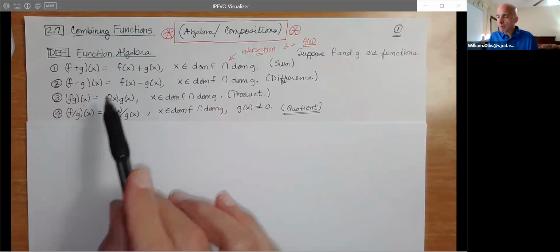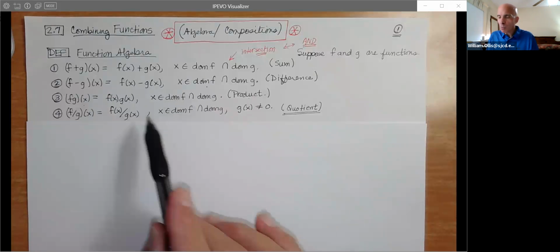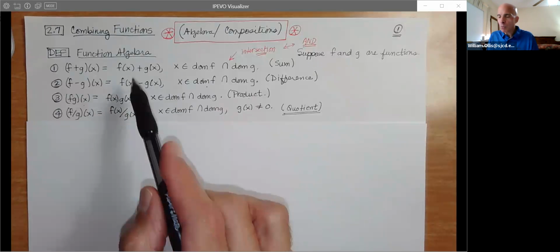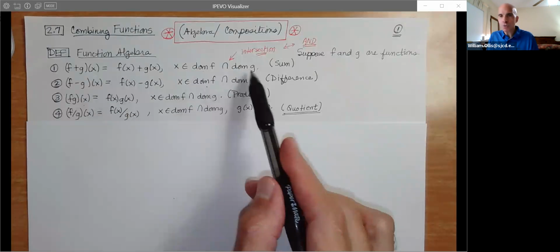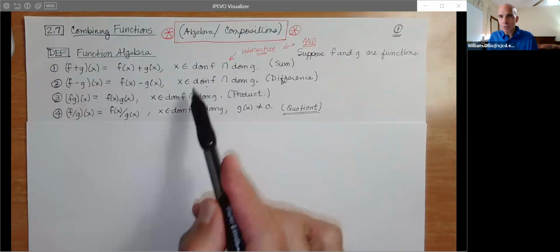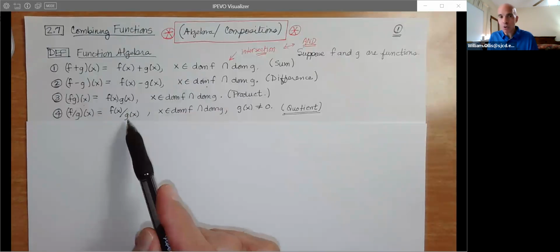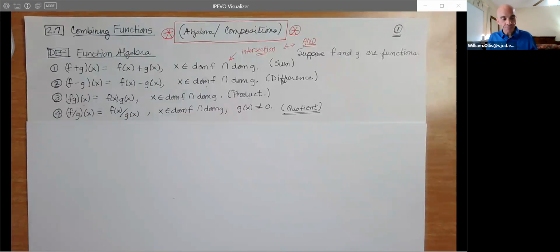Just remember that whatever we put over here must make sense. So we must have elements in both domains for 1, 2, 3, and 4. And then we must be careful to not divide by 0 in the quotient.